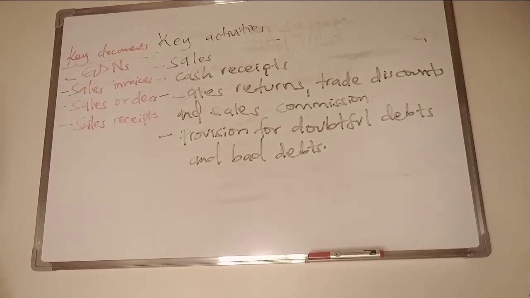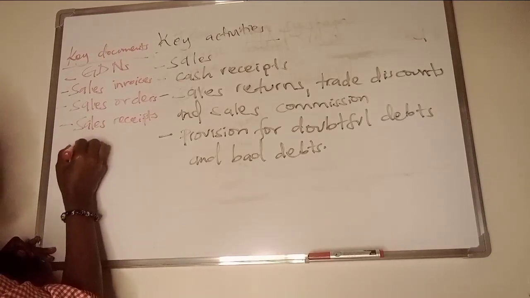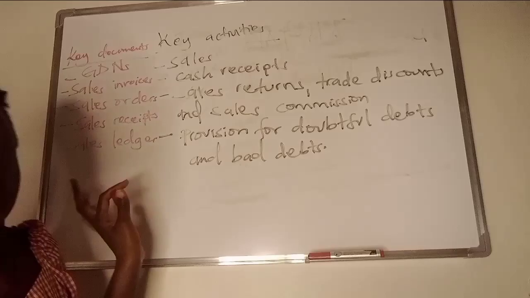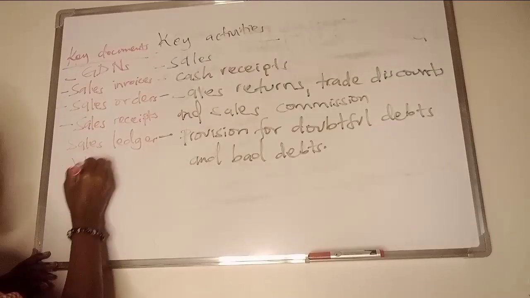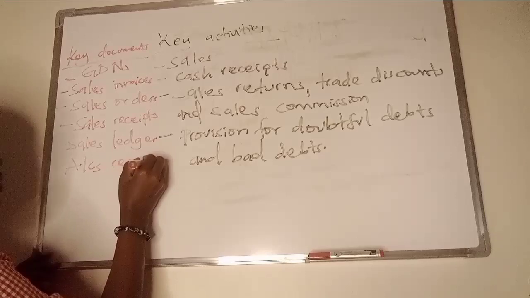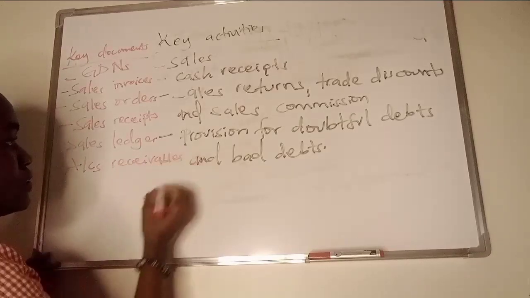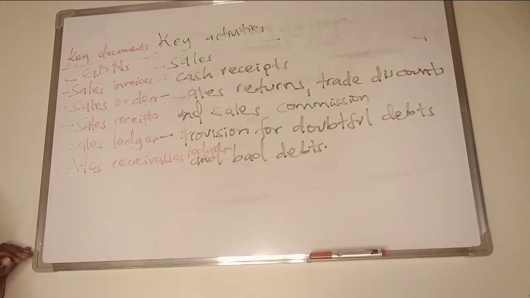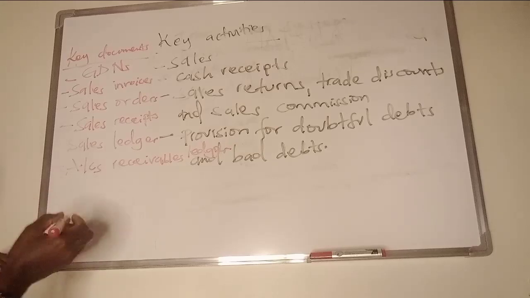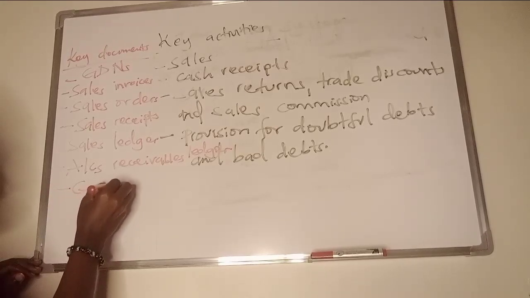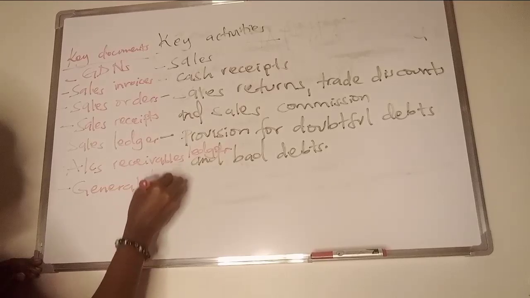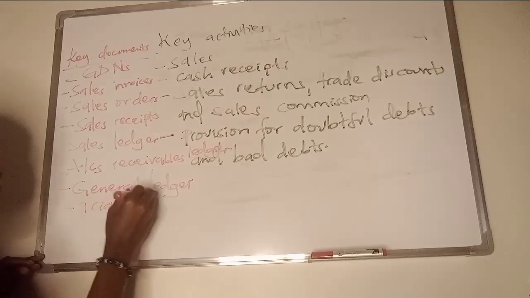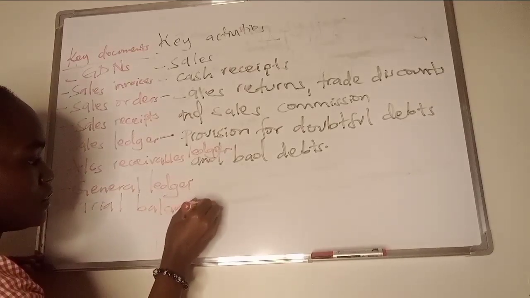Another key document we have is the sales ledger, which records the sales. Accounts receivables ledger is for credit sales. Then the general ledger, and trial balance.